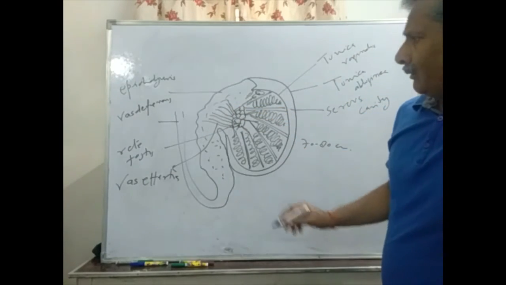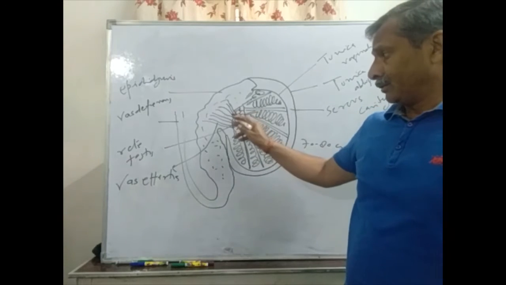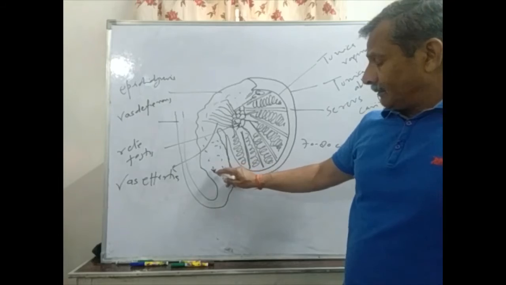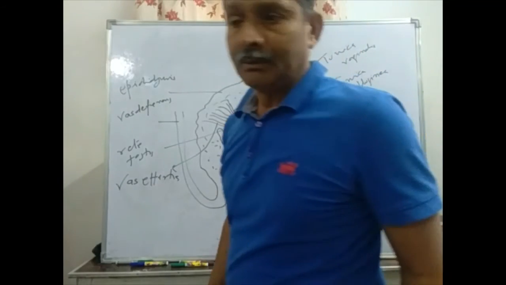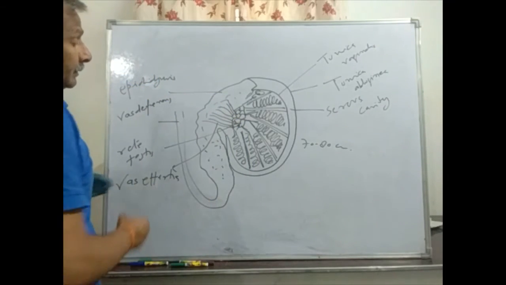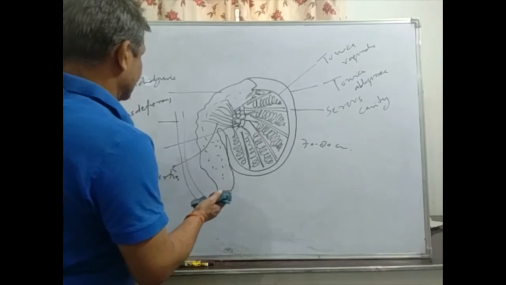Epididymis is a place where the storage and maturation of the developing sperms takes place. After the maturation, the sperm proceeds towards the abdominal cavity, and they are transferred into the ejaculatory tract.